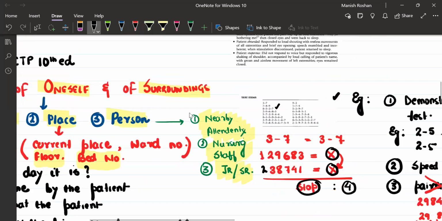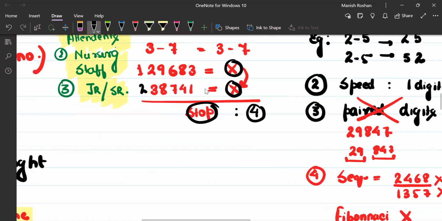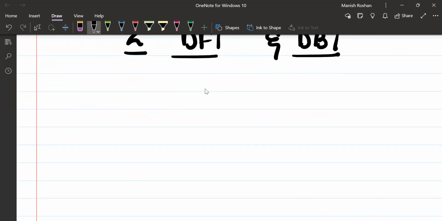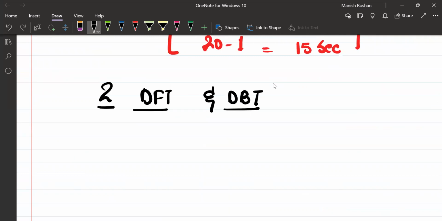So now, as we have seen the various rules and how you do the digit forward and the digit backward, let's look into the interpretation of this. So digit forward and digit backward, the interpretations are as follows. According to Strub and Black, 5 plus minus 2 means the patient has passed the test.